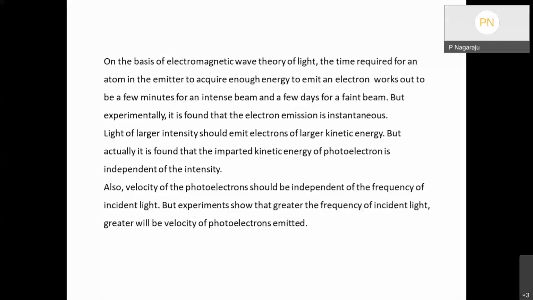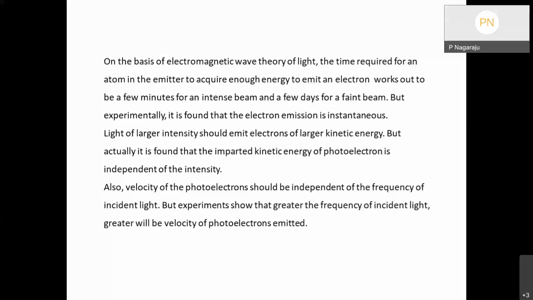And that is the difference between the explanation given by the electromagnetic wave theory and the experimental fact about the photoelectric effect. According to electromagnetic theory, light of larger intensity should give larger kinetic energy, but actually it is found that the kinetic energy imparted to the photoelectron is independent of the intensity.